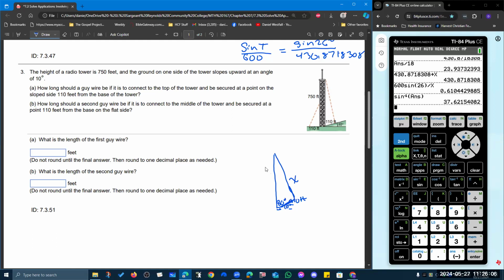And the tower is 750 feet tall. That's enough information there.